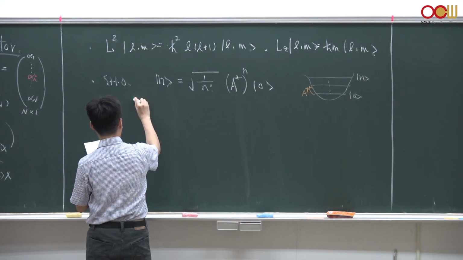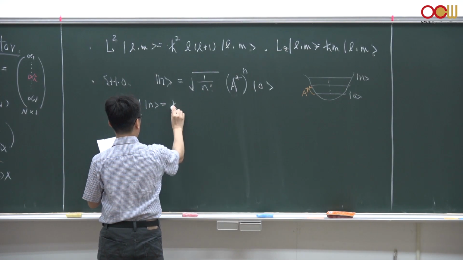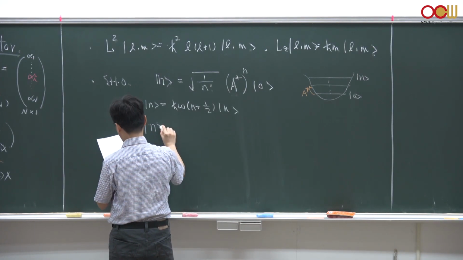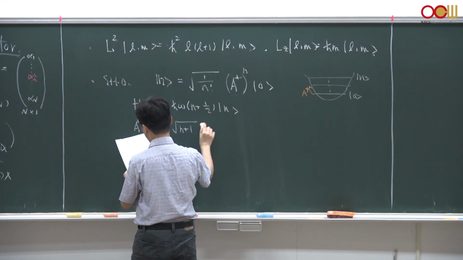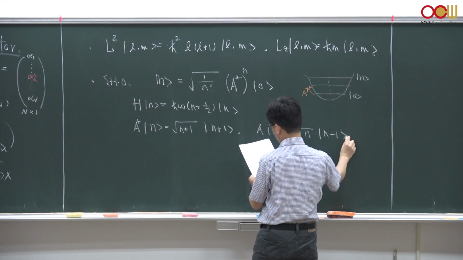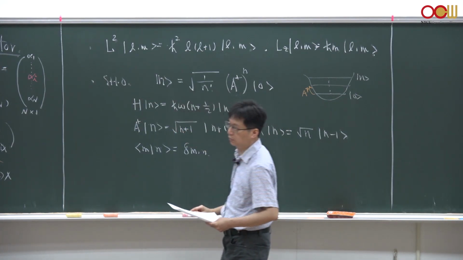So remember, in the harmonic oscillator problem, we have this eigenvalue equation. We have this raising operator a dagger, lowering operator a, and those eigenstates are orthogonal and normalized.